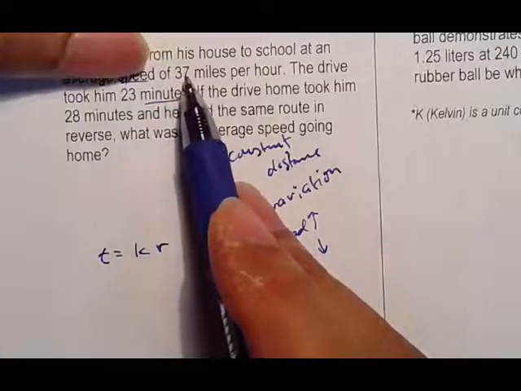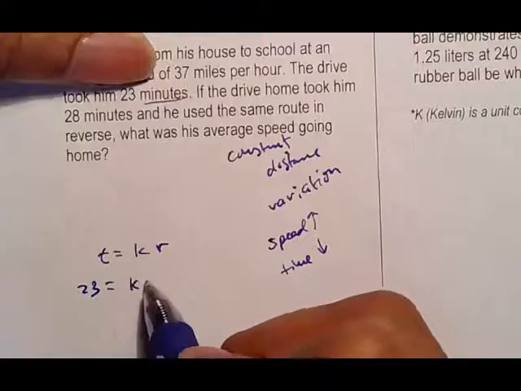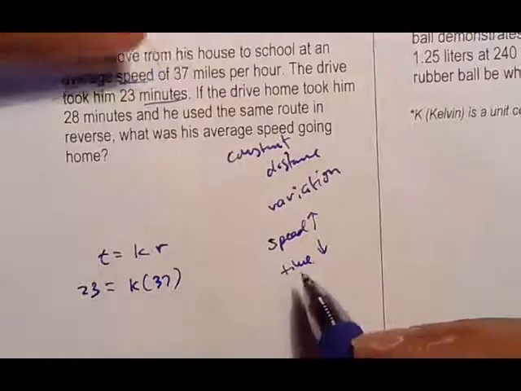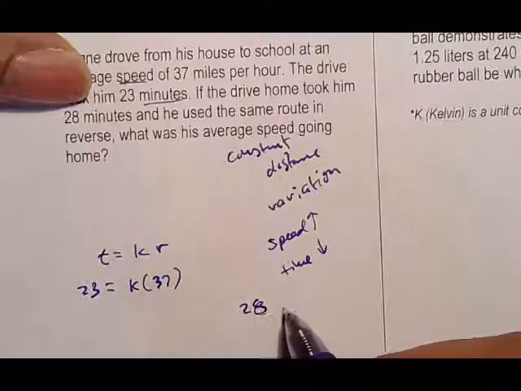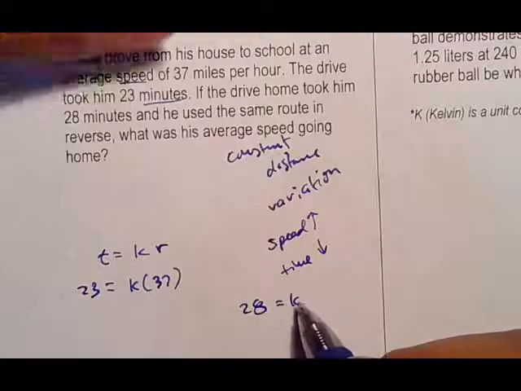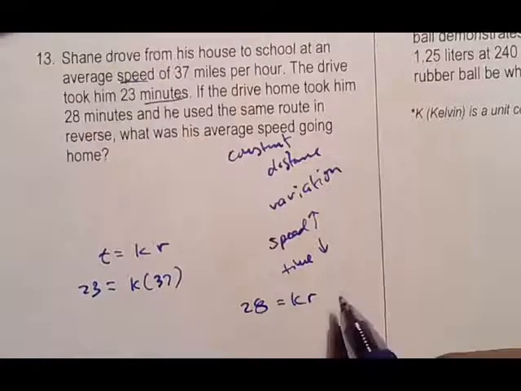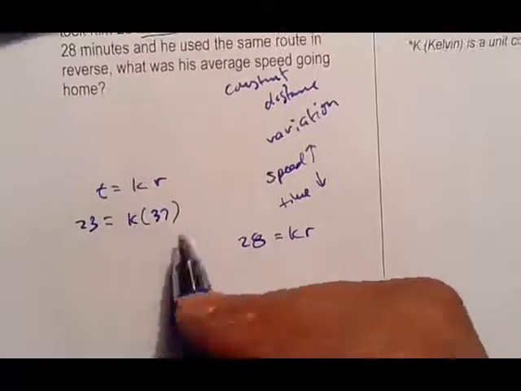You have time would be 23 minutes in the first situation, 37 miles per hour for your rate. On the other one we had 28 minutes for time, and we did not know this rate. And so when you turn this k by itself, remember the easiest way to do this was to get k by itself and set them equal.